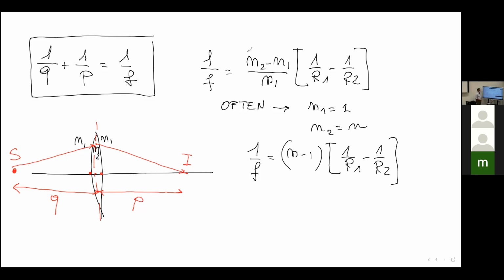And now you should understand that this focal length can be positive or negative. We don't take into account the 0 value because it's trivial, but it can be positive or negative depending whether this refractive index difference is larger than 0, and depending whether the difference between the inverse of the radius of curvature is larger or smaller than 0.